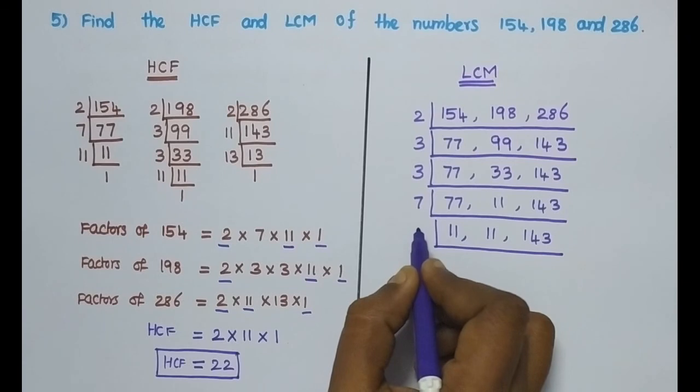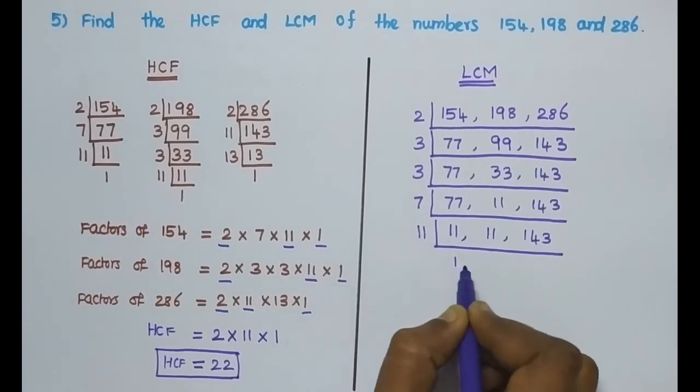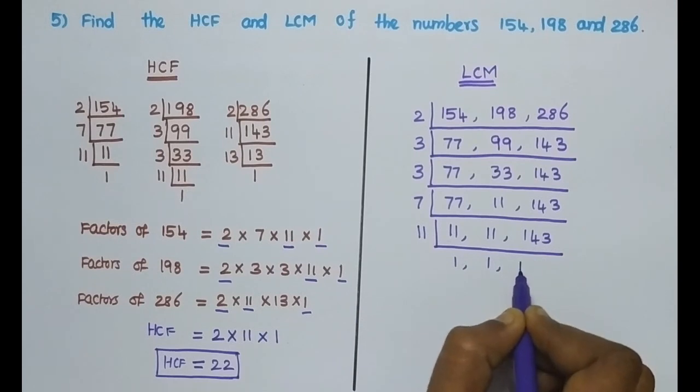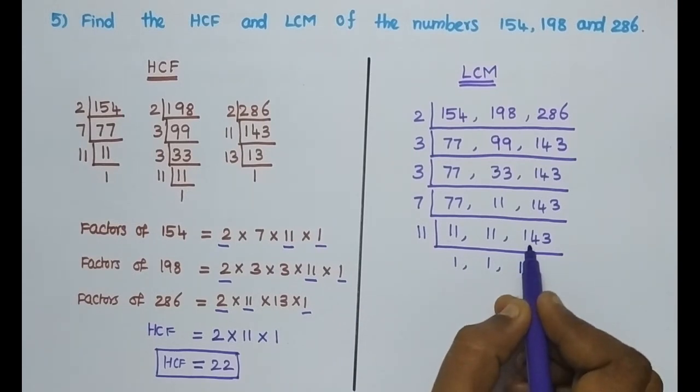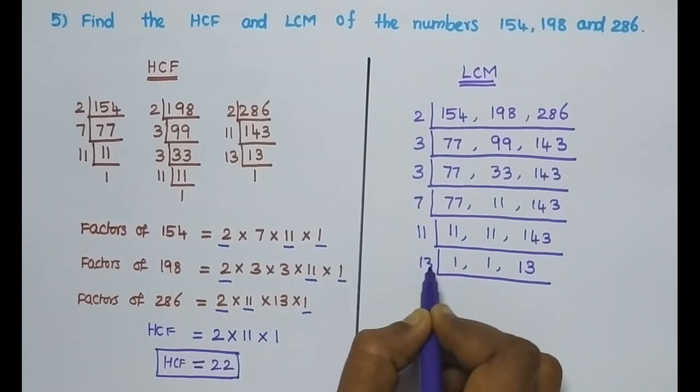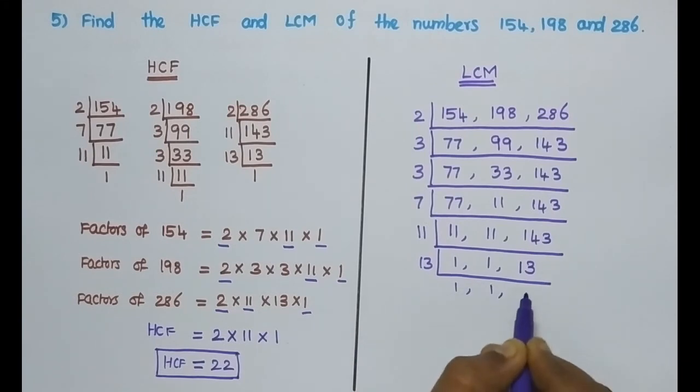And then now 11th table. 1 11 is 11, balance 3, so 33, so that is 13. Now 13th table, 1 1 1.